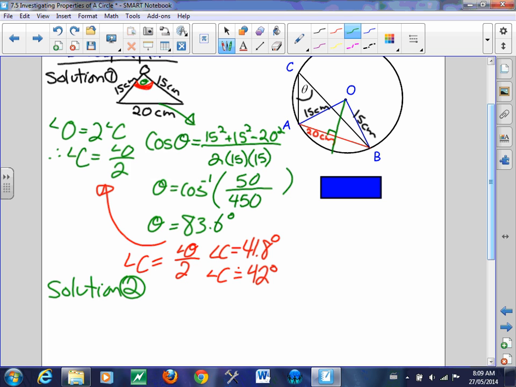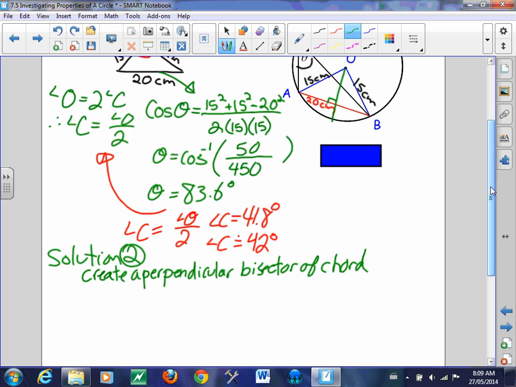So my plan here is to create a perpendicular bisector of the chord. Okay, and so I'm going to have what's called a 90-degree angle, or a right triangle.